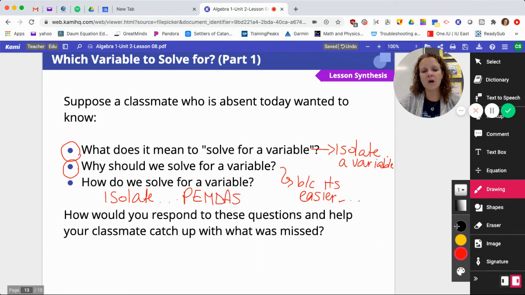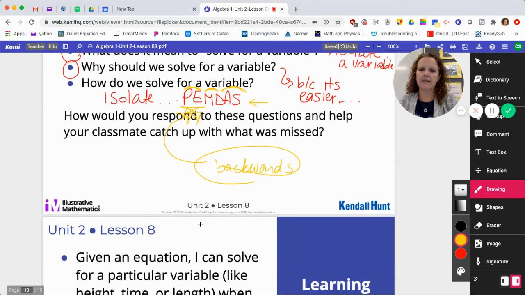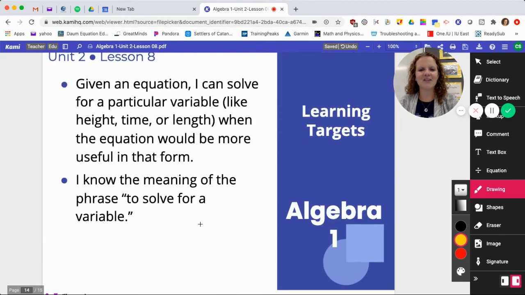If you notice, when we're solving for a variable, we do addition and subtraction first, then multiplication and division, then parentheses and exponents. We go backwards. And how would you respond to these questions? We just did.